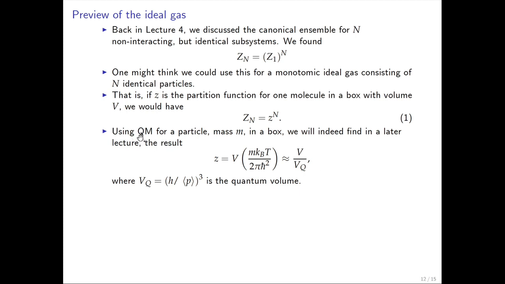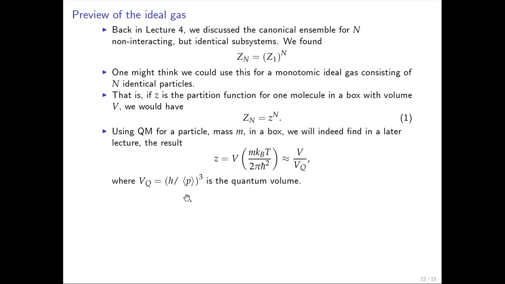And even if we use quantum mechanics, we could actually find this. We do the problem of a particle of mass m in a box, and we'll show this in a later lecture. You can evaluate, for a quantum mechanical particle in the box, over all the energy levels, that this little z is proportional to the volume, so it's volume times this factor. And this factor you can think of, if you consider the de Broglie wavelength, as the inverse quantum volume.